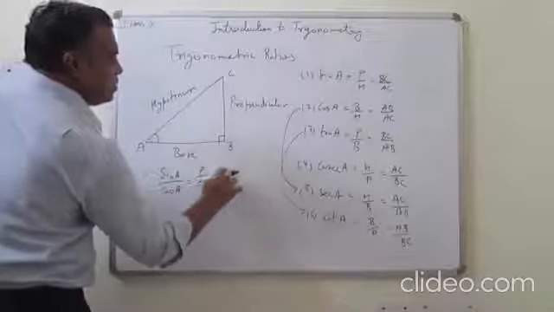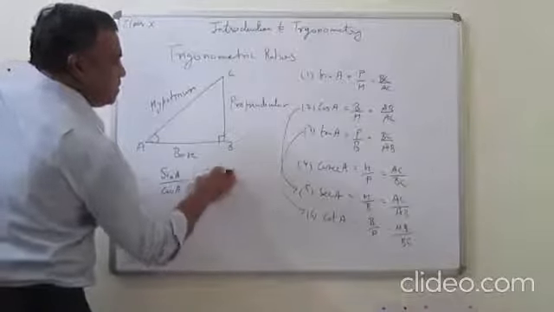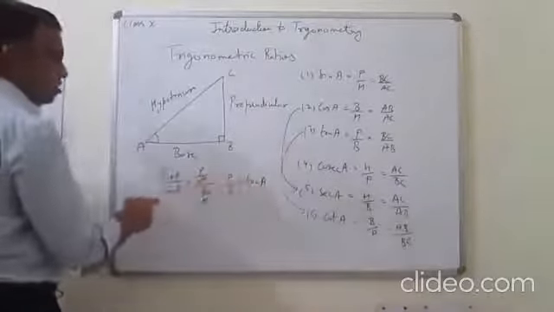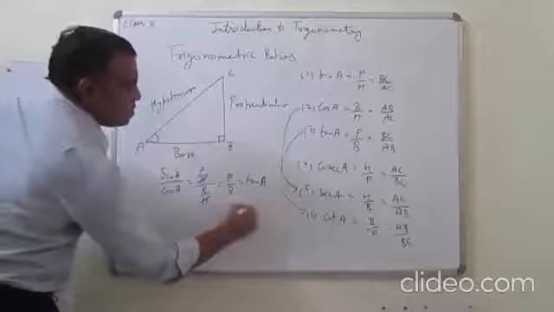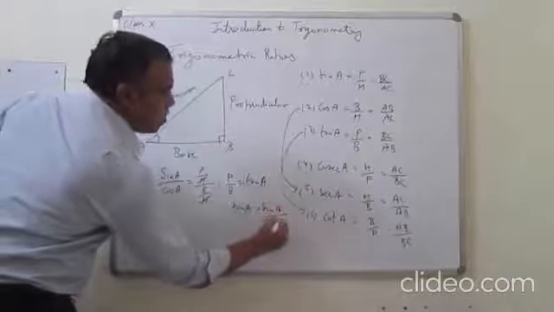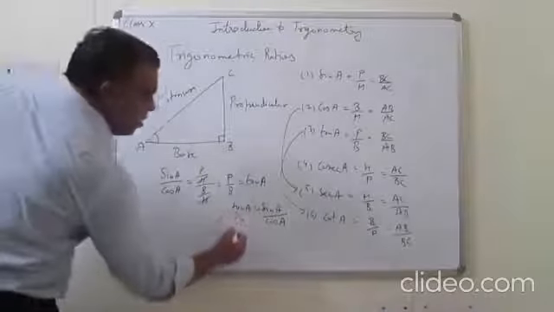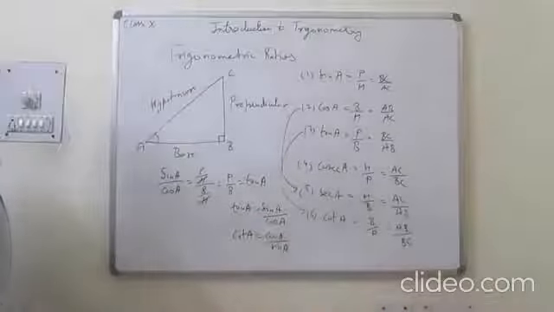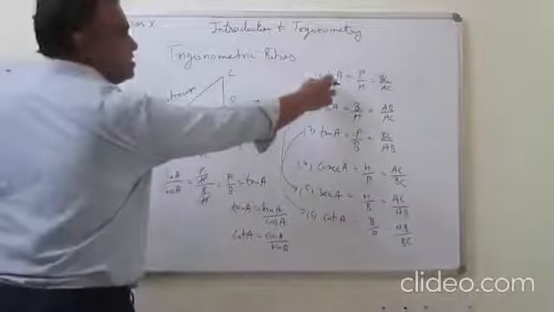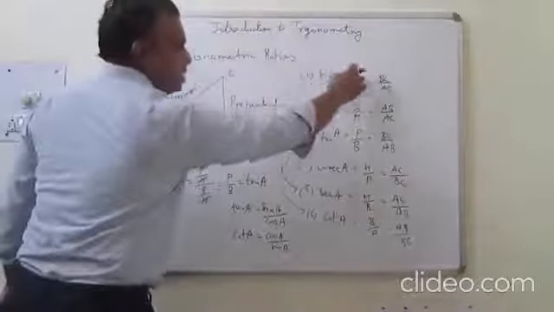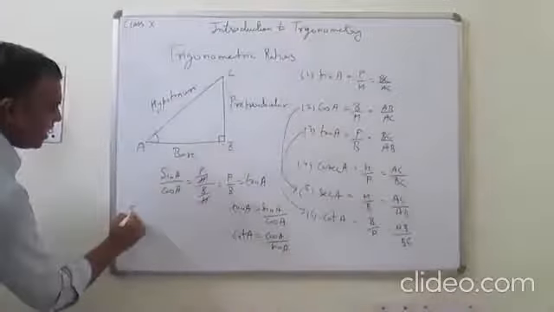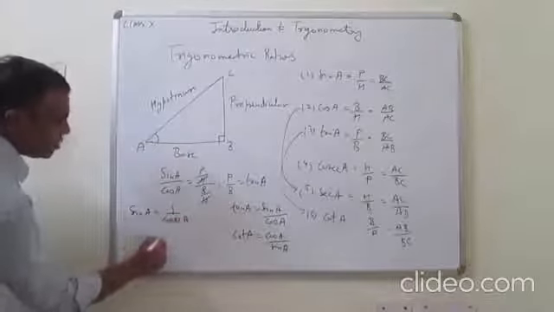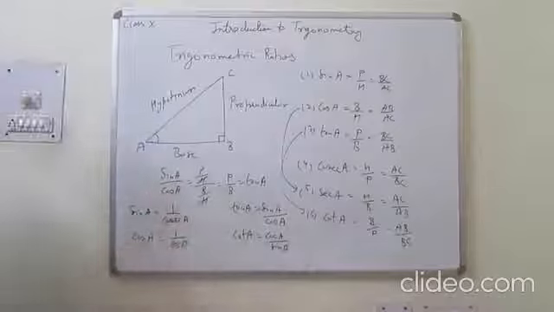This gives you P upon B, which is called tan A. Tan A is also sin A upon cos A. Reciprocal of tan A, cot A, gives cos A upon sin A. Similarly, the reciprocal of sin A is cosec A. If you reciprocate, H upon P is cosec A, so you can write sin A is equal to 1 upon cosec A, or cos A is 1 upon sec A.